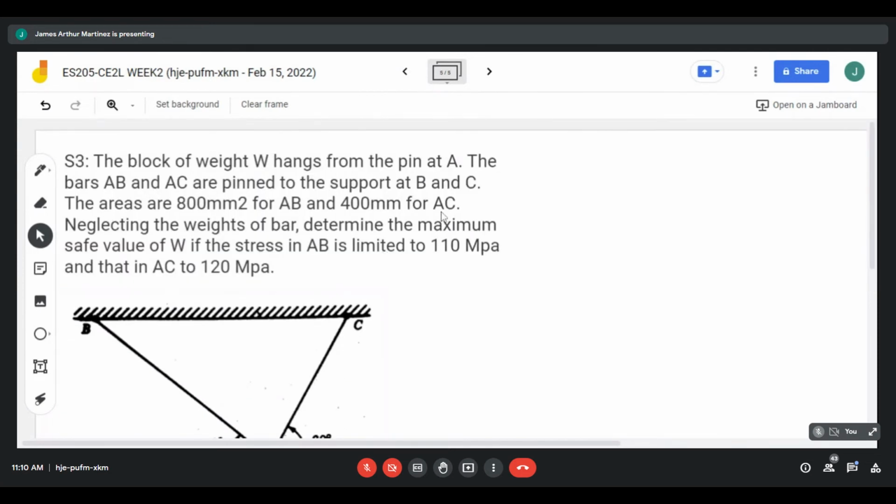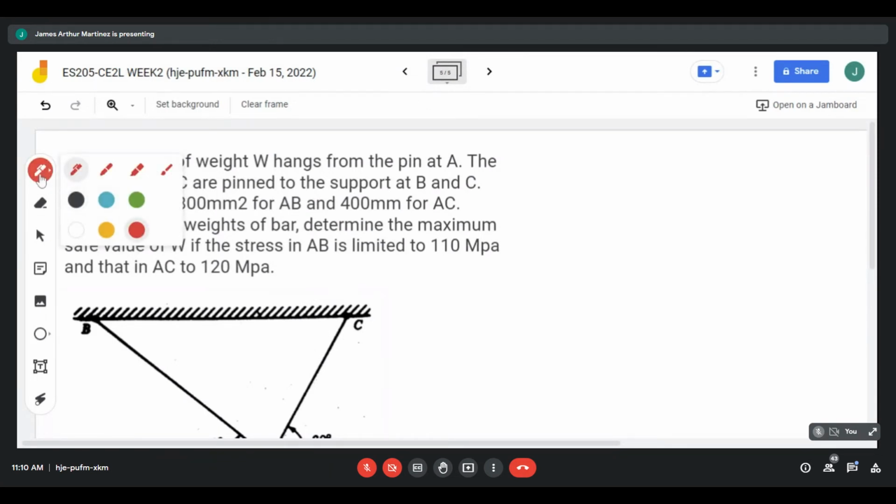Neglecting the weights of the bars, determine the maximum safe value of W if the stress in AB is limited to 110 megapascal and that in AC to 120 megapascal.